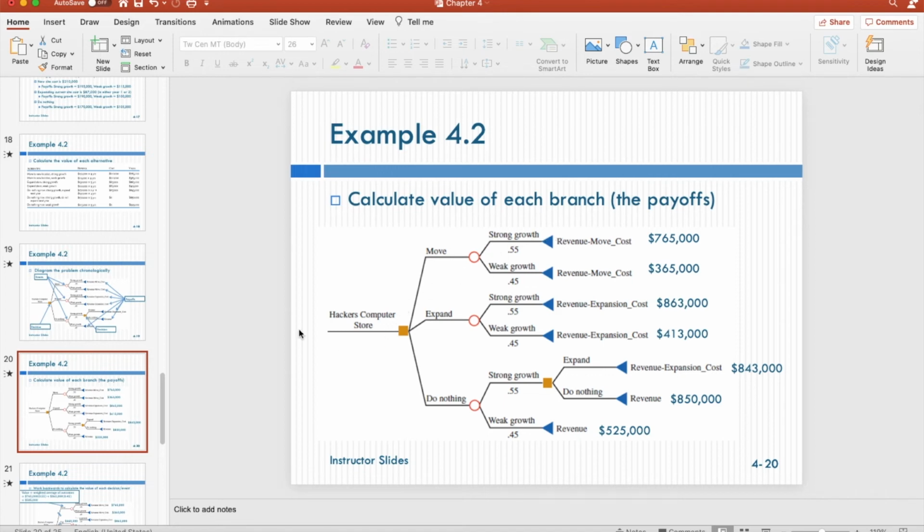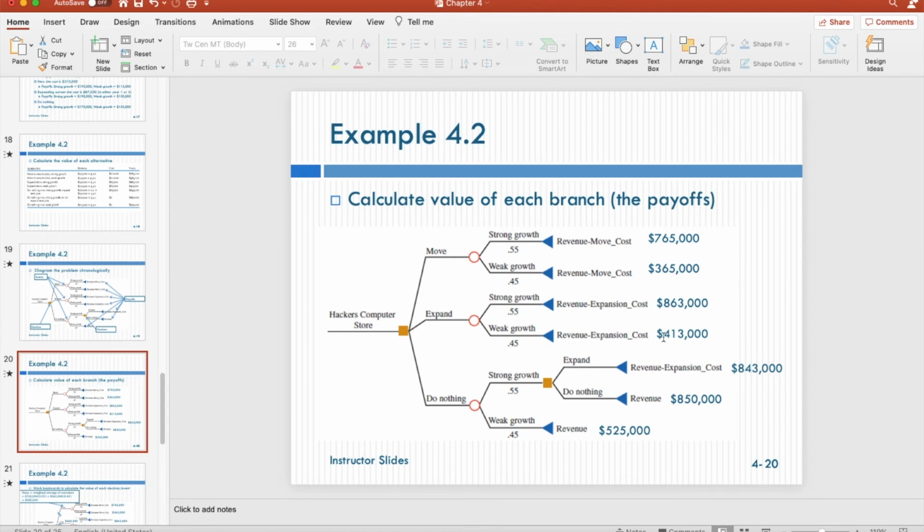As a company, you first need to decide among three alternatives, and once you decide, you won't affect either the strong growth or weak growth, that is out of your control. And the corresponding profit is shown at the end of every path.